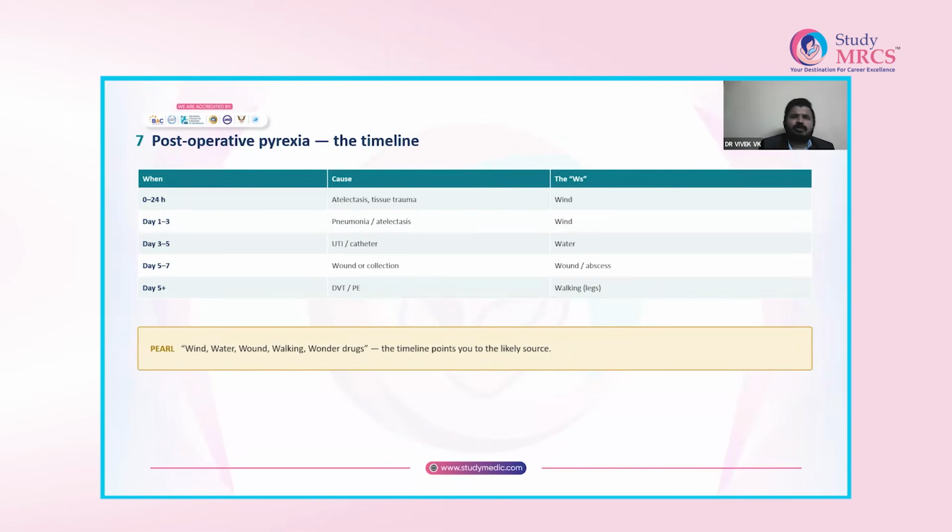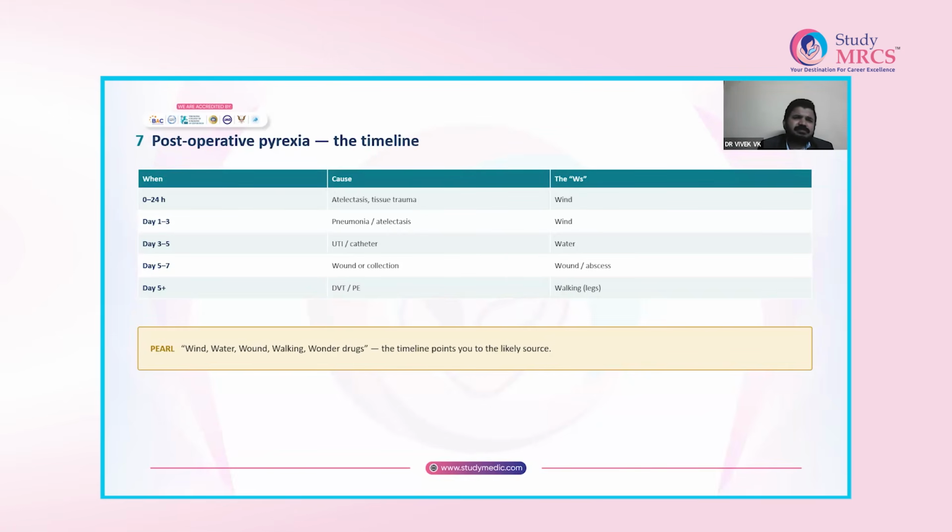Within 24 hours, the cause could be tissue trauma due to handling during surgery, or maybe some atelectasis. Suppose the patient underwent surgery under general anesthesia; post-operatively, due to the pain, the patient will not breathe properly, and the alveoli will become collapsed. That is atelectasis, the collapse of the alveoli.